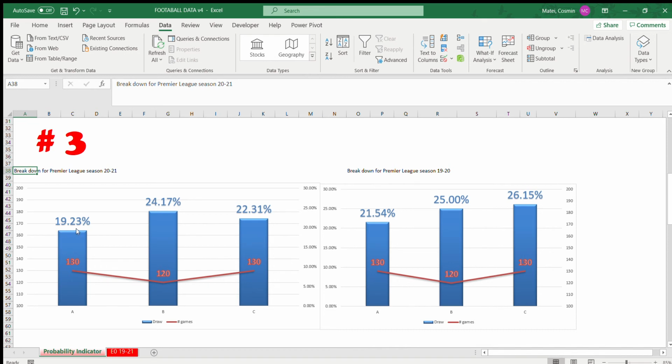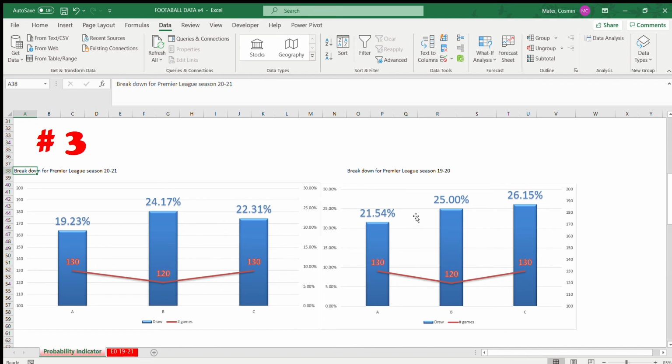As you can see from the graph here, the first part of the season resulted in less draws, the second part in more draws, and then the third part in some more draws as well. And in order to check this strategy, I have looked 1 year back, and we could see the same result.